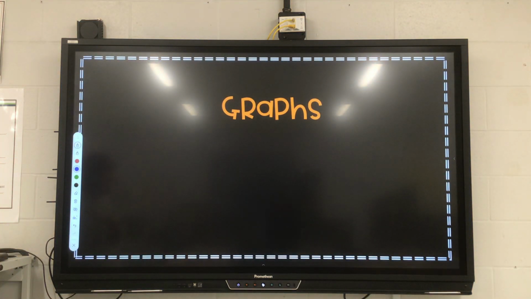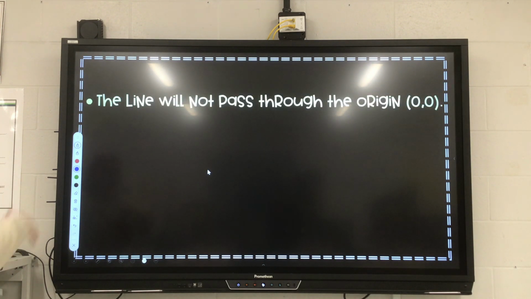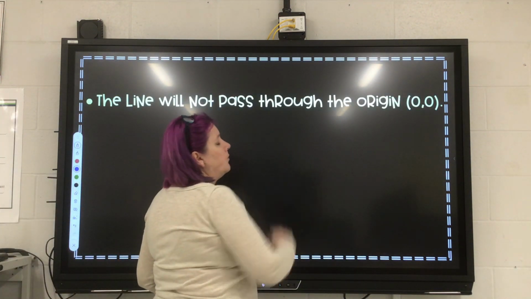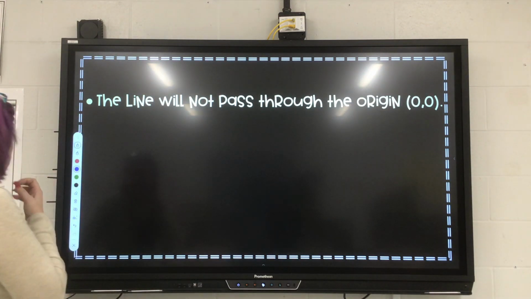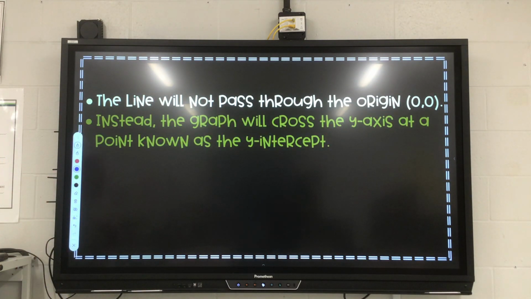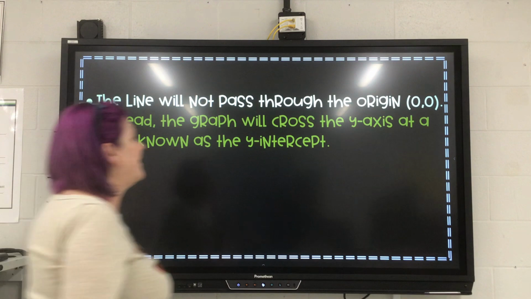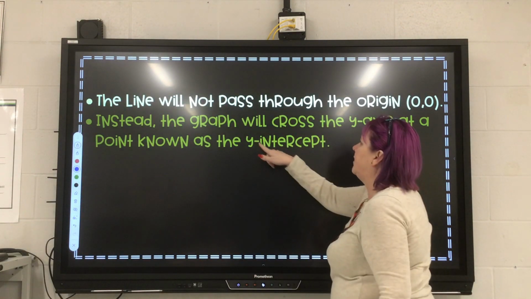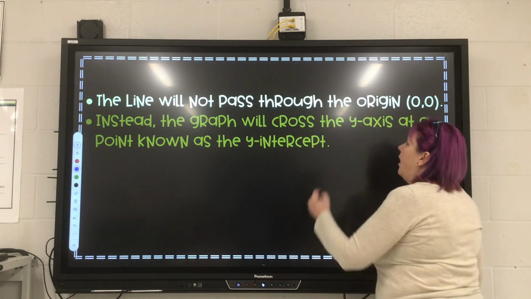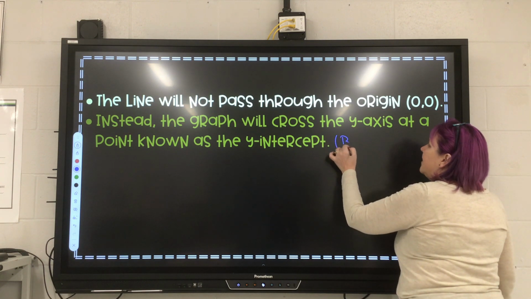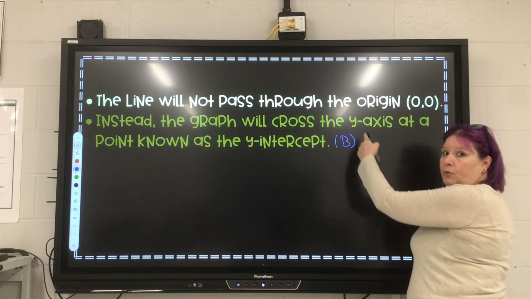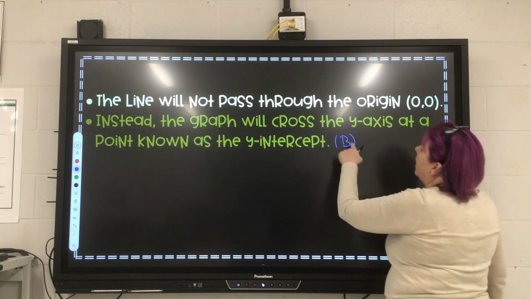Okay, today's assignment was graphs. So once again, the line will not pass through the origin. Instead, the graph will cross the y-axis at the point known as the y-intercept, otherwise known as B, which we were just finding.